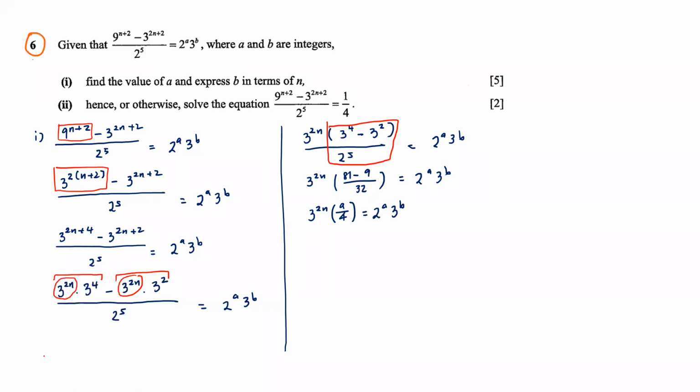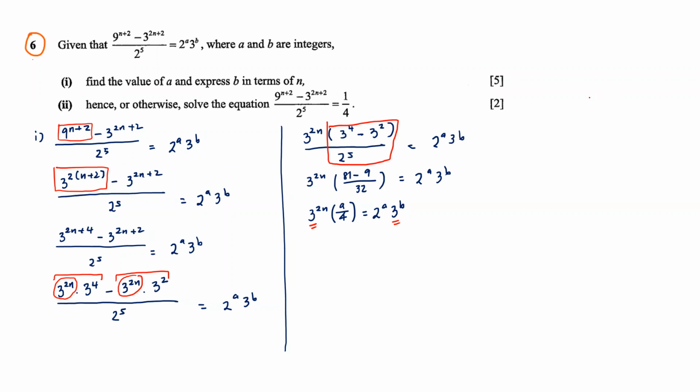How else can I manipulate this? Well, I have a base 3 here. I have a base 3 here. It looks like I don't need to do anything to this value, 3 to the power of 2n yet. But there's something about the 9 and the 4 that I can continue to manipulate such that I move down towards a base 2 and a base 3.